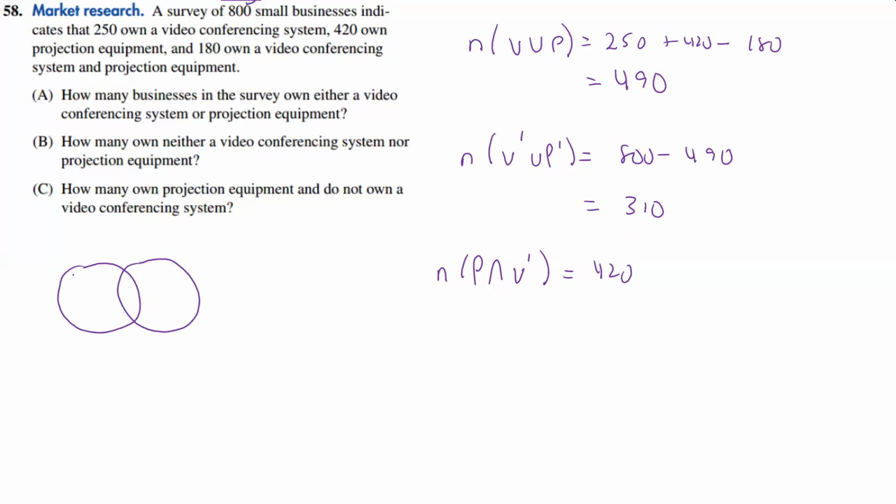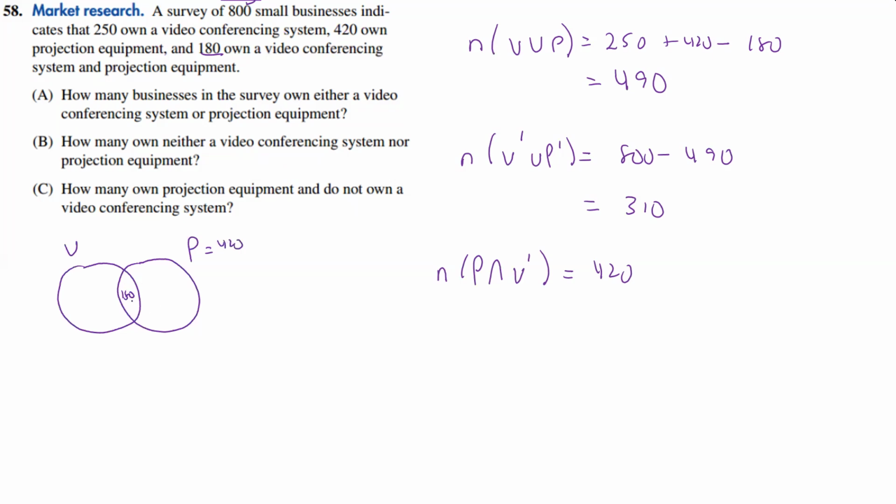We know the union of V and P is the 490, so that's everything in here. V prime union P prime is this. We know that this is going to be 180 because that's the "and" here. So if P owns projection equipment, that's a total of 420.